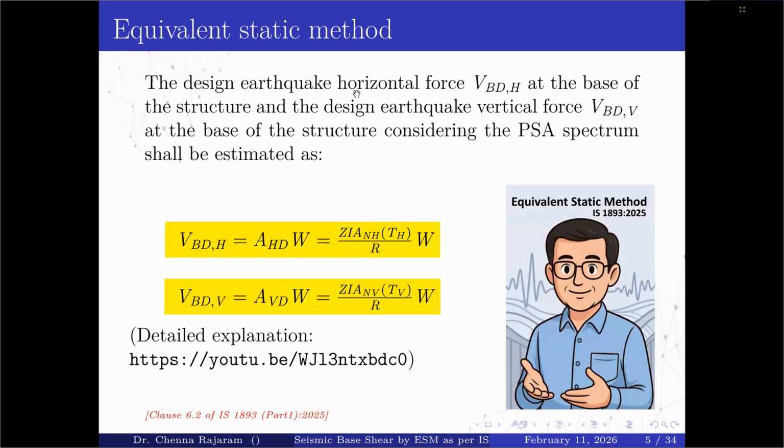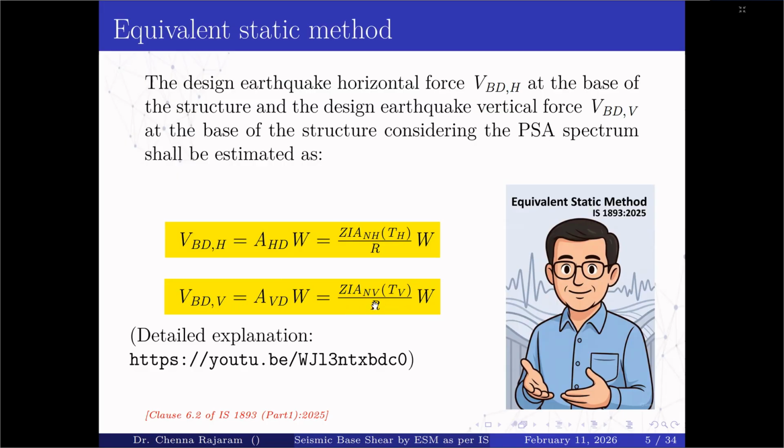The design earthquake horizontal force VBDH at the base of the structure and the design earthquake vertical force VBDV at the base of the structure, considering the pseudospectral acceleration spectrum, shall be estimated as VBDH is equal to AHD multiplied with W, which is equal to Z into I into ANH of TH divided by R, into W. Similarly, in the vertical direction, VBDV is equal to ABD into W, which is equal to Z into I into ANV of TV divided by R, multiplied with the weight of the building.